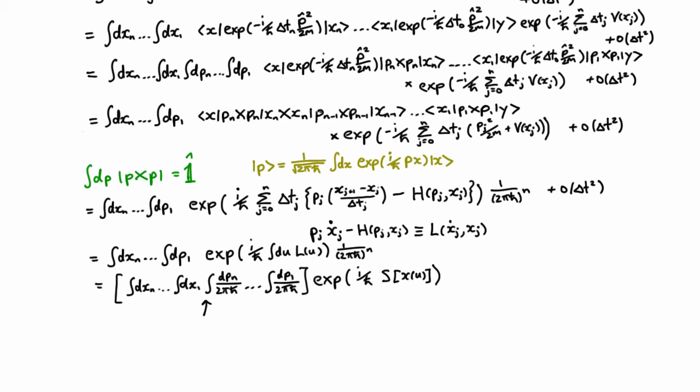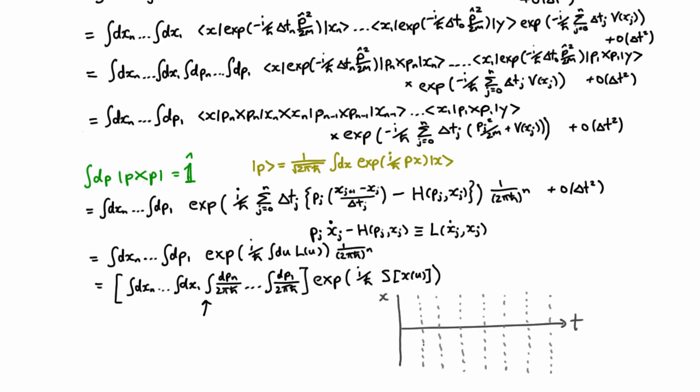Let's have a look at that. Let's just look at the positions, I guess. So here again is our time axis. Here's our position. And here are our little slices in time. So supposing we start here, that's our x. And supposing we're going to finish there, that's our y. Then what we're talking about is every possible value for here.